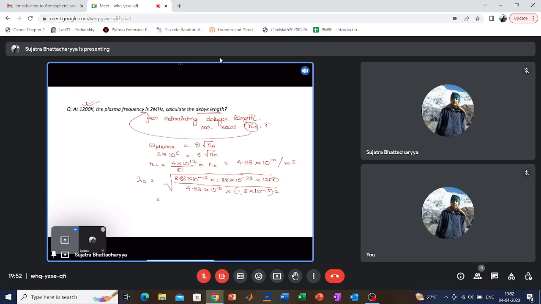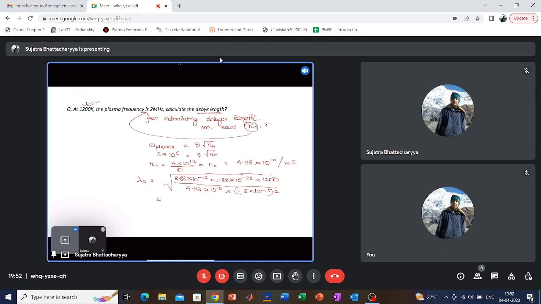Let's calculate how much it comes. 8.85 into 10 to the power minus 12 into 1.38 into 10 to the power minus 23 into 1200 divided by 4.93 divided by 10 to the power 10 divided by 1.6 into 10 to the power minus 19 whole square.